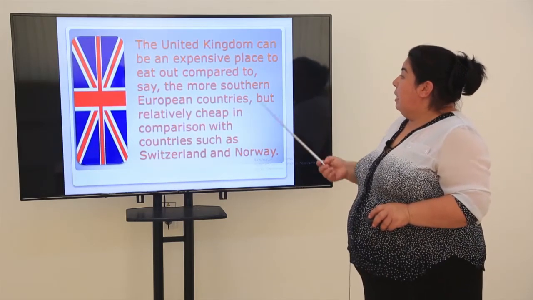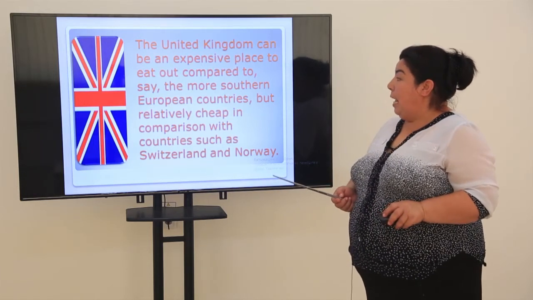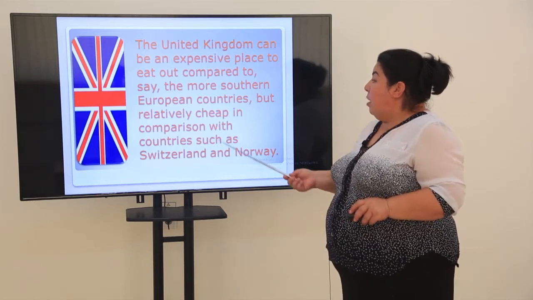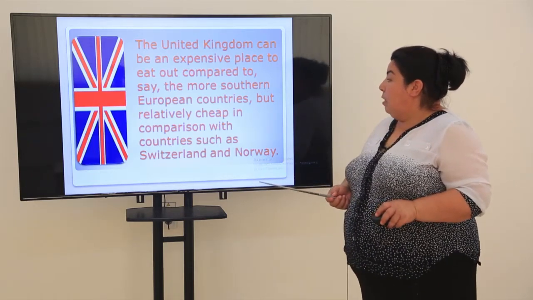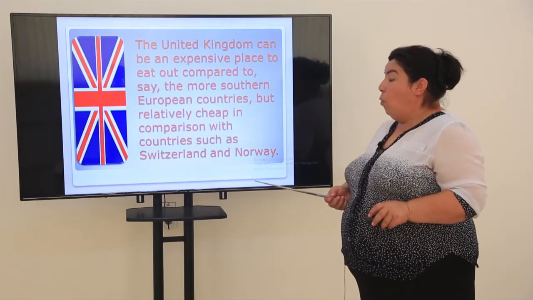So the United Kingdom can be an expensive place to eat out compared to, say, the more southern European countries, but relatively cheap in comparison with countries such as Switzerland and Norway.